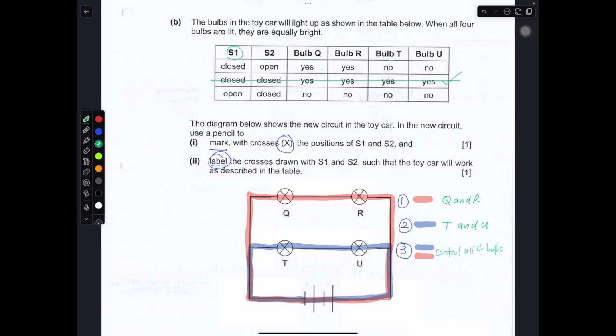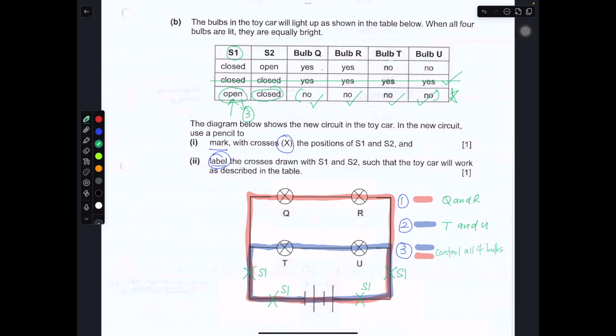Let's take a look at the last part. When 1 is open, 2 is closed, all of them do not light up. This is the interesting one. It tells you what? Look at the open one. The open one will tell you that it probably controls all 4 bulbs. So this must lie in the path of 3 and not 1 anymore. So S1 can be here, because it controls all 4 bulbs.